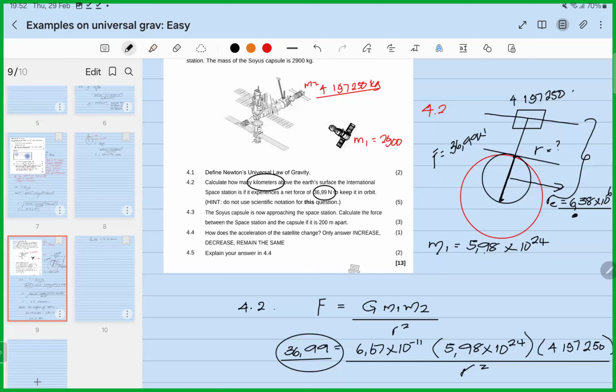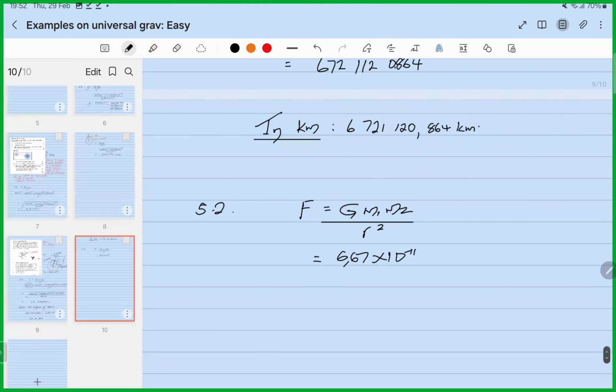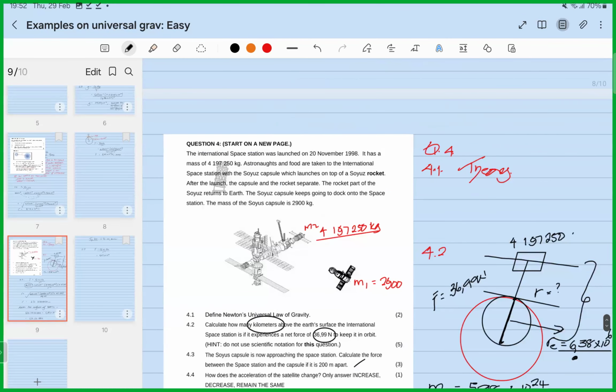Anyway, let's go back. Let's answer the last couple here. The Soyuz capsule is now approaching the space station. Calculate the force between the space station and the capsule 200 meters apart. So that's going to be F equals G M1 M2 over r squared. G is 6.67 times 10 to the minus 11. The space station's mass was 4,197,250.